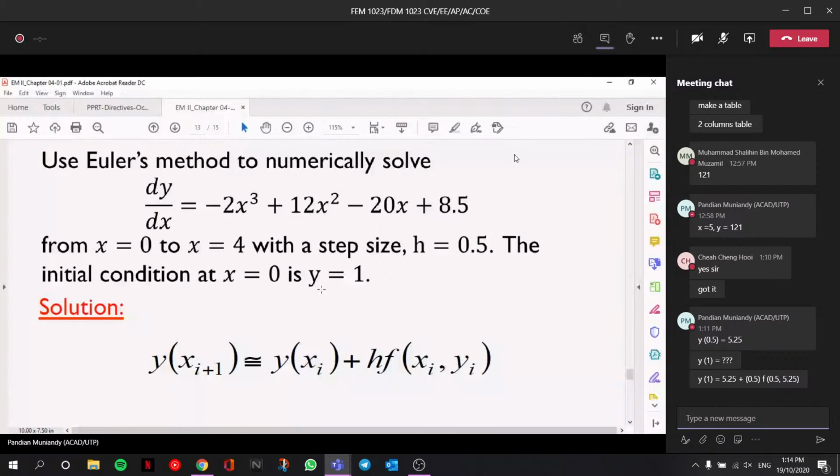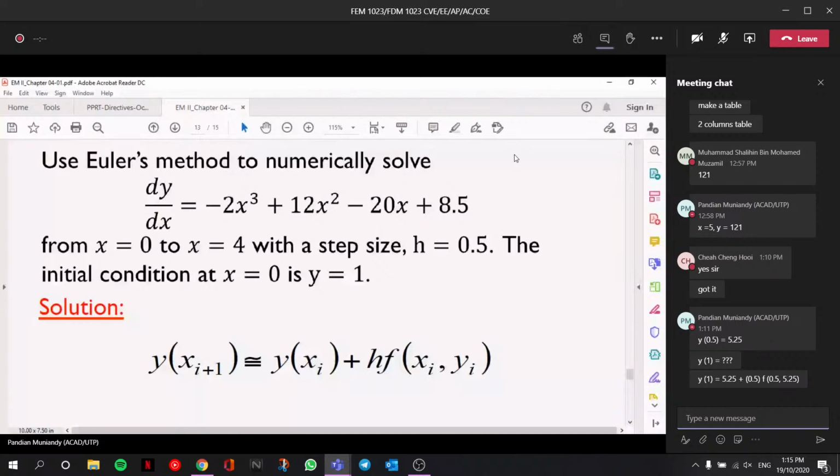Minus 2 times 0.125, plus 12 times 0.25, minus 10 plus 8.5. That will give you minus 0.25 plus 3 minus 10 plus 8.5. That will give you 1.25.